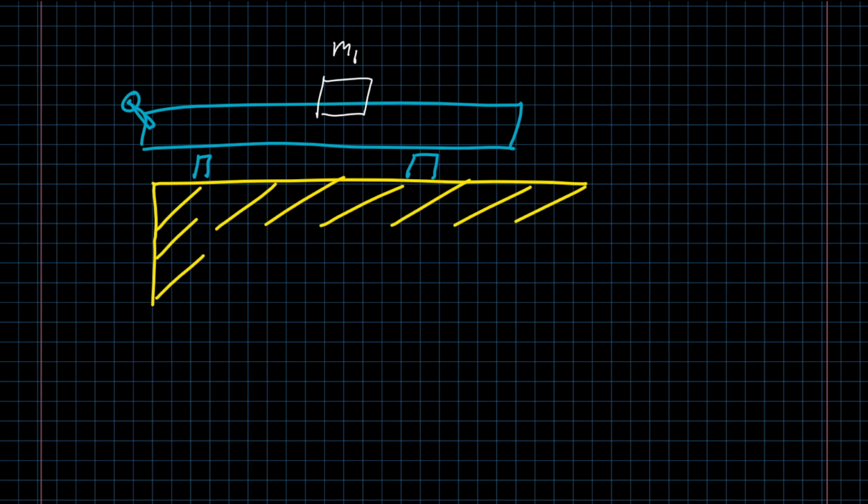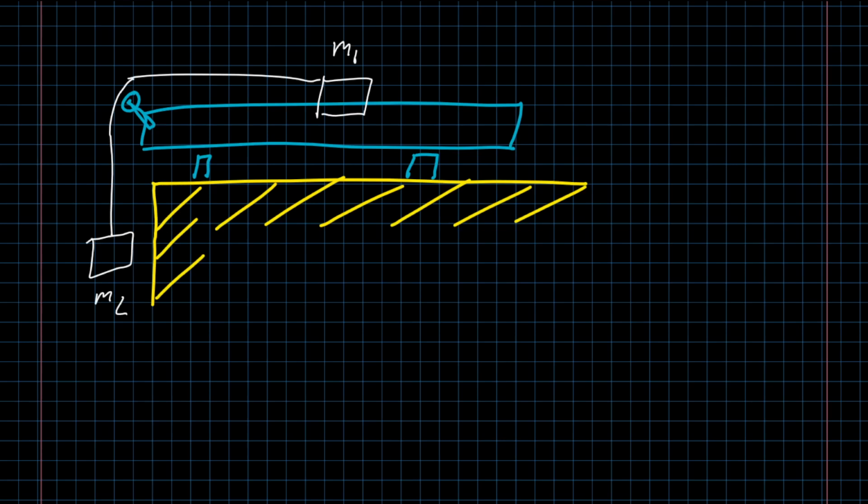Let's go ahead and say that this cart has a mass of m1. I'm going to attach a string to the cart. I'm going to loop it over the pulley and then let it fall down here where I have it attached to some counterweight. Let's call that counterweight m2.